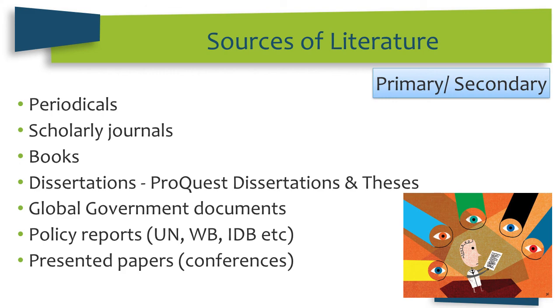For example, newspaper could actually be a source of literature, but maybe if you cite a newspaper in your paper, the scientific community may not be very inclined to believe in you. But if you cite a journal published in maybe ProQuest or elsewhere, or a really good journal in a really good database, the scientific community would readily accept your review, your claims, and maybe accept your paper for publishing.